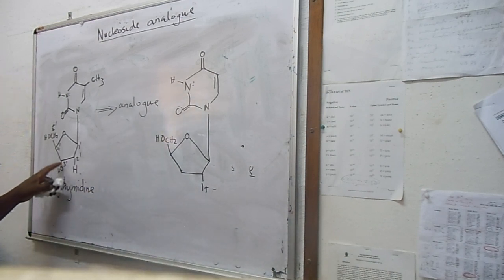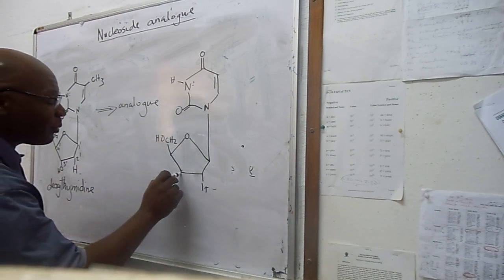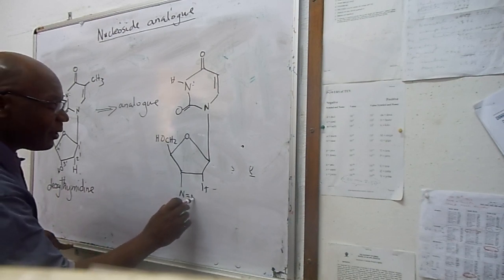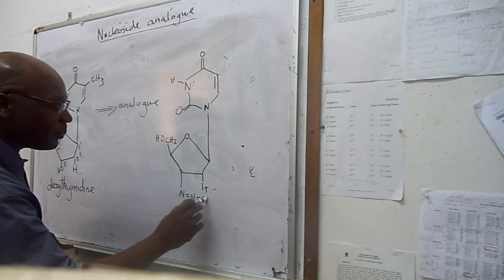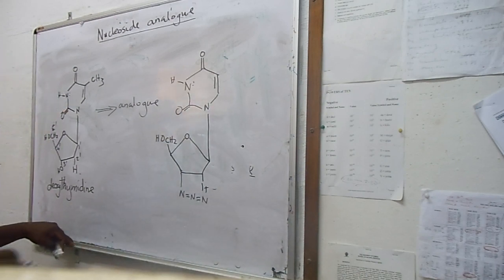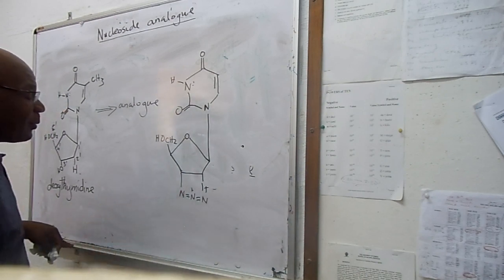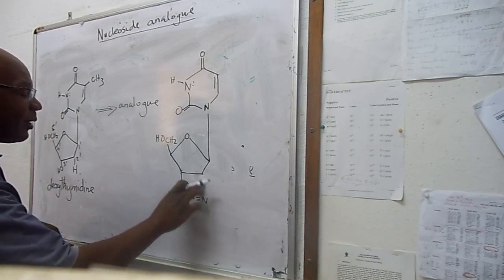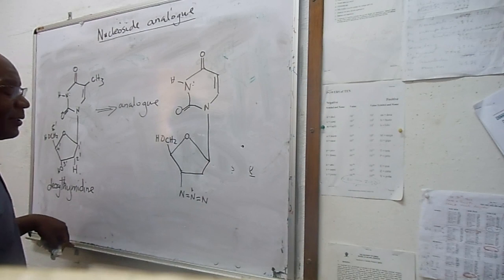Now what was done here is to remove the hydroxide and replace it with the azido group. This is the azido group. I'll not put the hydrogen, but know that it is there.